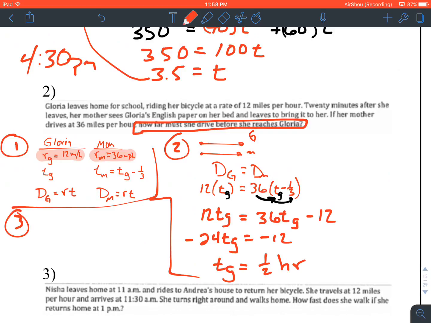So to figure out the distance that they traveled, we're going to take Gloria's rate times the time, and we're going to end up with 6 miles. They both traveled 6 miles. Answers the question. Let's move on.